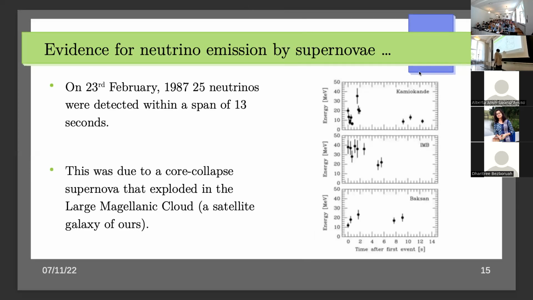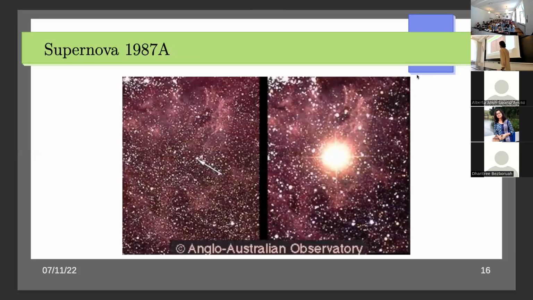So how do we know that this is correct? The reason we know this is correct is because we've already seen these neutrinos. On 23rd of February 1987, three detectors in total observed around 25 neutrinos. And shortly afterwards, in the Large Magellanic Cloud, we saw a supernova go off.